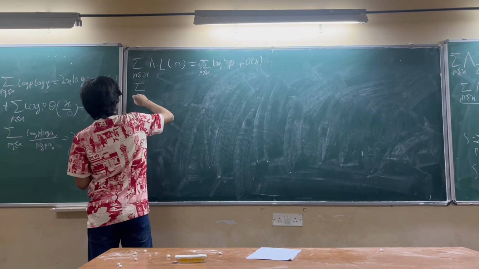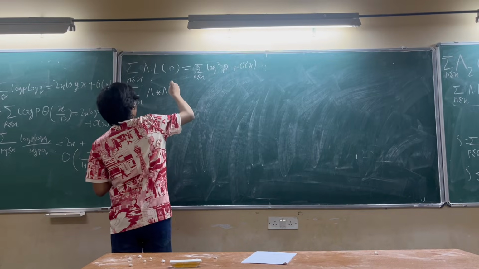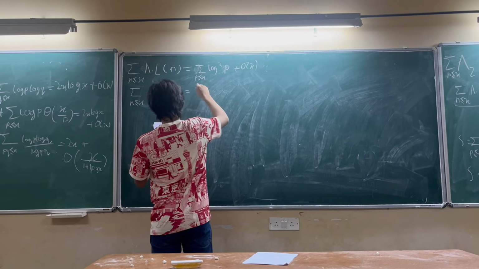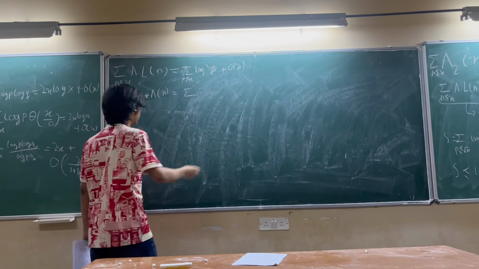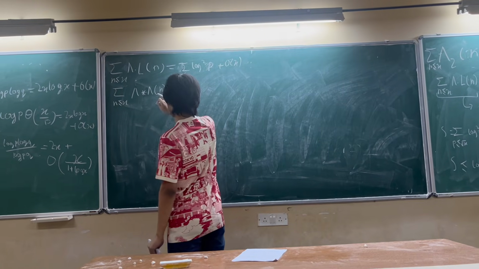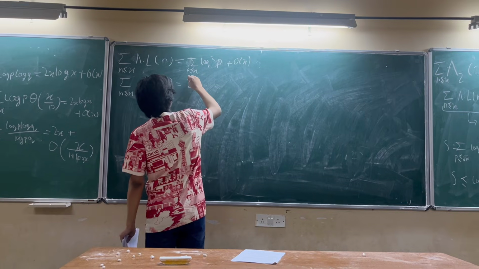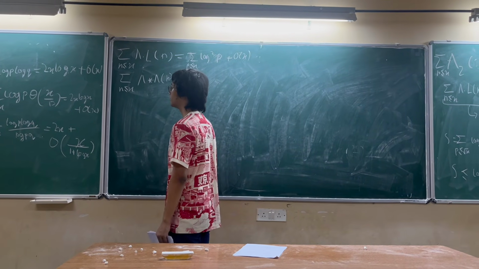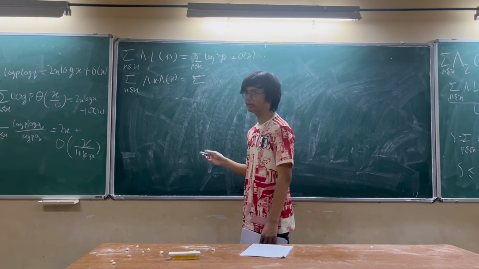Looking at summation n less than equal to x of lambda convolved with lambda, this thing will be equal to, see, whenever you have something that has more than 2 prime factors, then this convolution is by default 0. And because for lambda of n to be non-zero, you need it to be the power of only exactly one prime number.